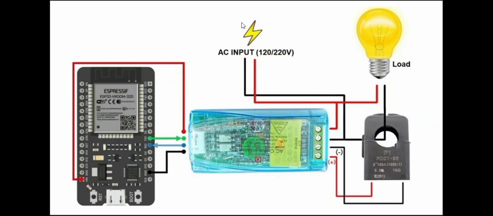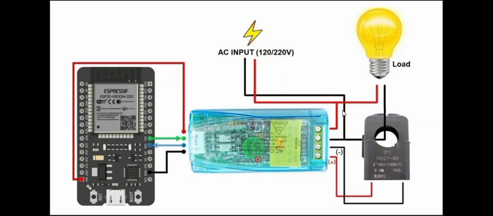The line wire goes into the energy meter module that continues to the lamp. The neutral wire goes directly to the lamp.